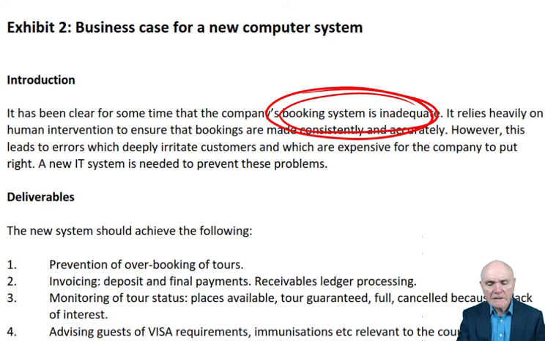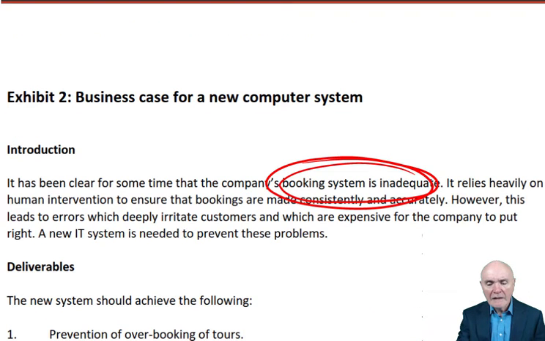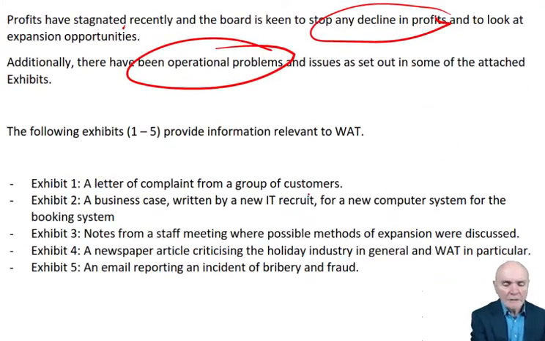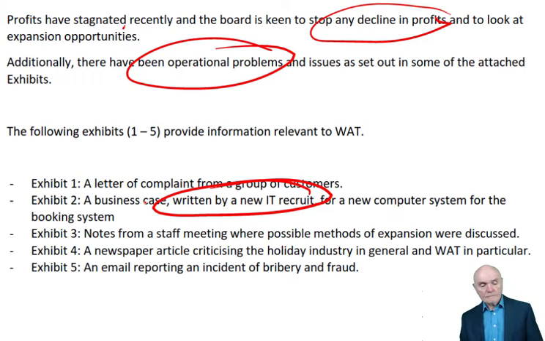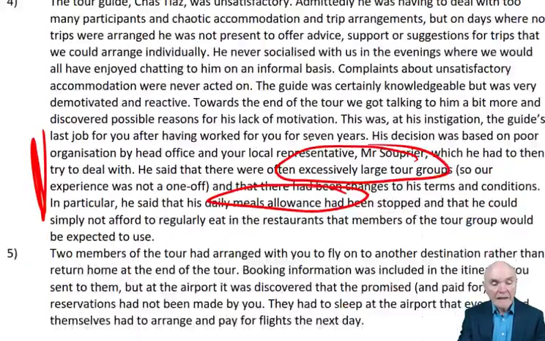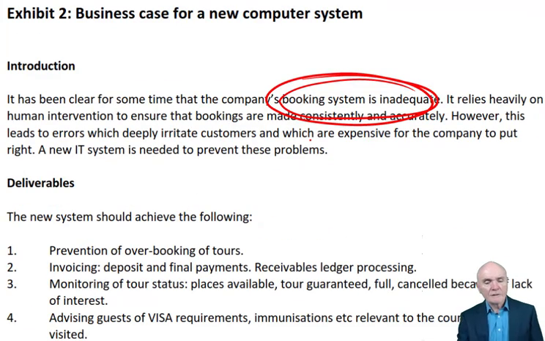Let's think about who actually wrote this. We look to our list of exhibits and see it was written by a new IT recruit. So we've got a new IT recruit, maybe only a month or so in the company, who has suddenly come to the conclusion that the company booking system is inadequate.